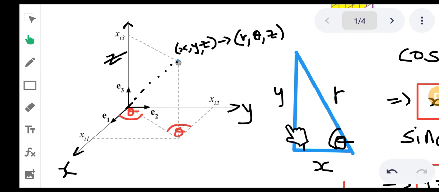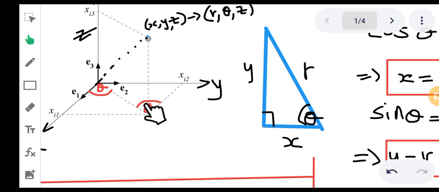So I can draw my right-angle triangle. This is my angle theta, and theta here is opposite to this line, which is the y-axis. So y should come here. Theta is also adjacent to the x-axis.